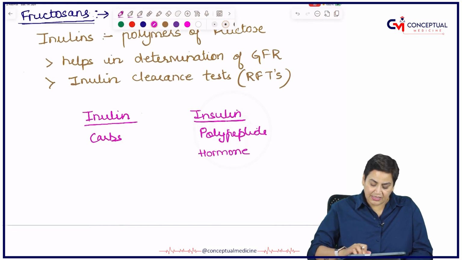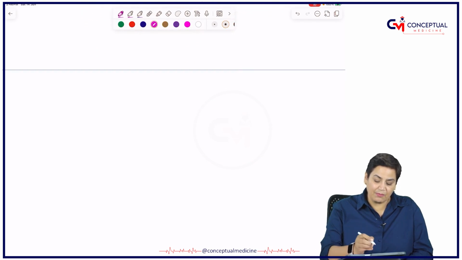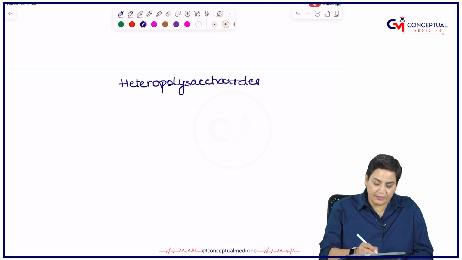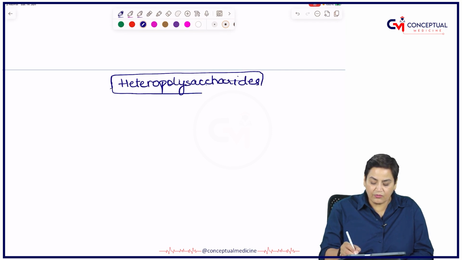So this is all about the homopolysaccharides, in which we discussed the glucosans and the fructosans. Then after this, we come over to the second important class, heteropolysaccharides. Now, hetero means non-identical, obviously.